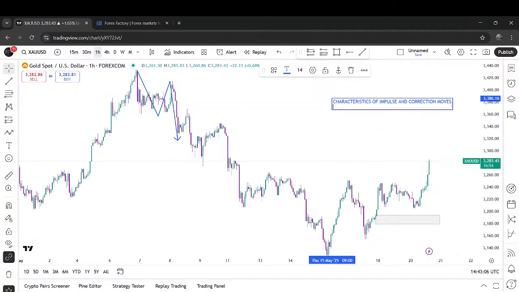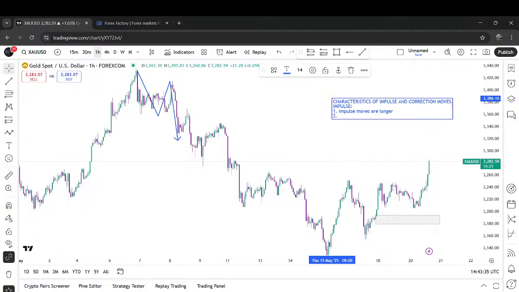The first thing you want to know about an impulse move is that, number one, all impulse moves are longer, right?